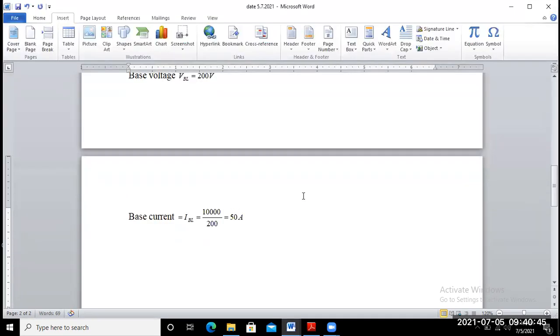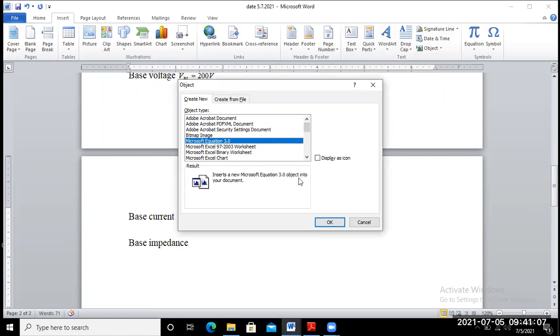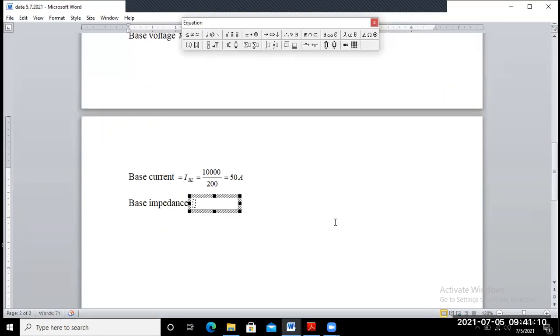Now to find the base impedance of the low voltage side, ZBL equals voltage divided by current.